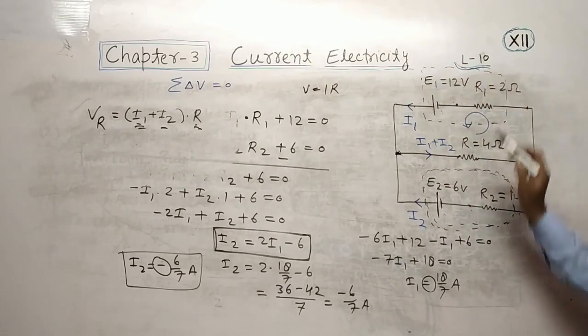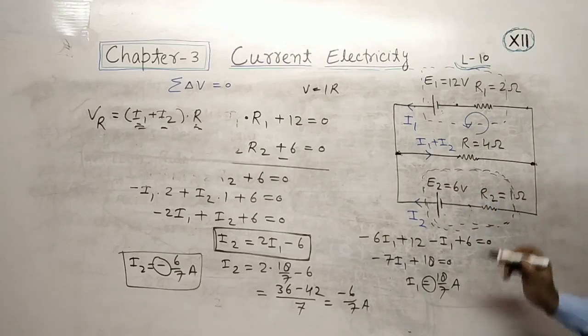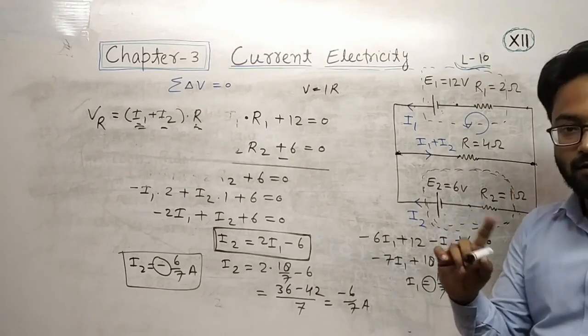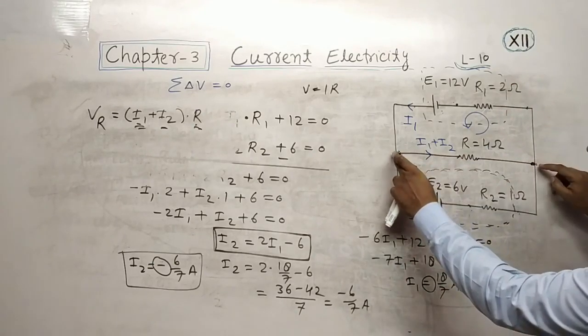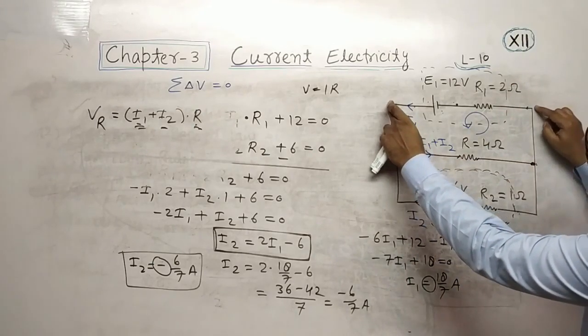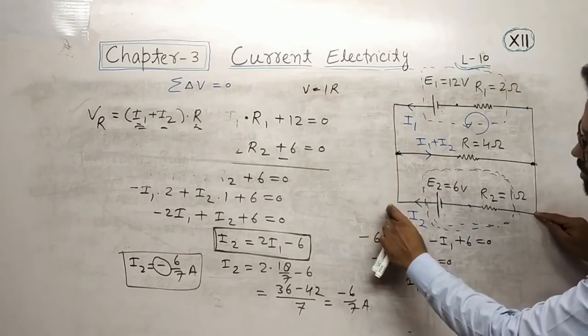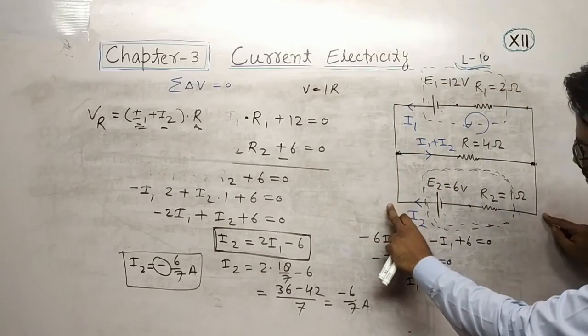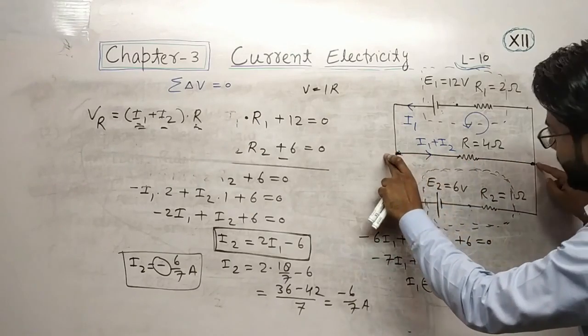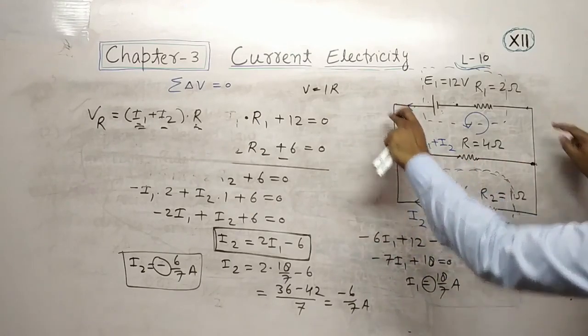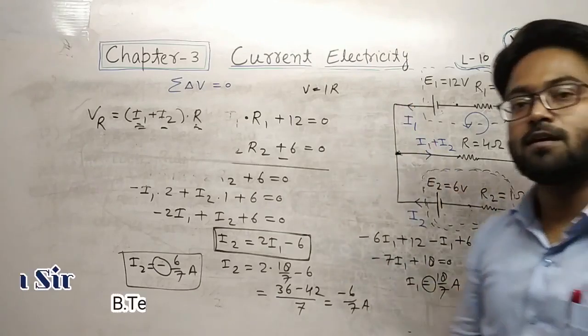This is cell 1 and this is cell 2. If you need to calculate the potential difference across the cells, then the potential difference across R will be equal to the potential difference across cell 1 and also equal to the potential difference across cell 2. That means we can say that the potential difference across the capital R will be equal to the potential difference across the cells.